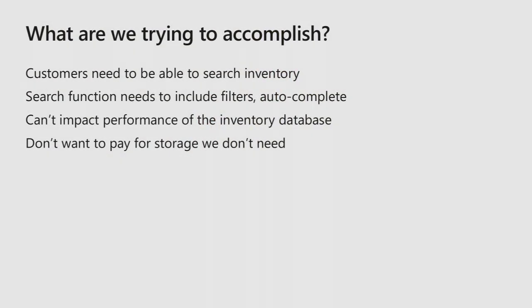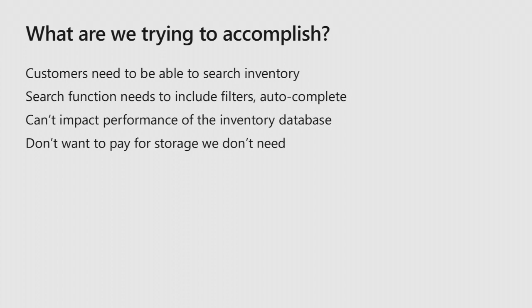Business-wise, what are we trying to accomplish? We want to be able to search the inventory database. We would like for that search function to include fun stuff. We'd like to be able to filter. We'd like to be able to autocomplete. We'd like to be able to provide suggestions for customers. We'd like to be able to do things like build custom scoring so that we can return the search results we want based on items that are popular or the part of the world that the customer is searching from.